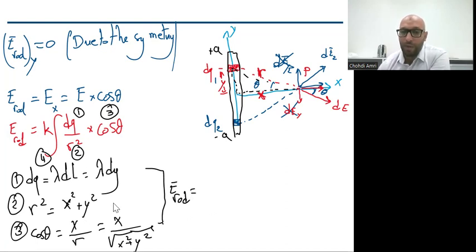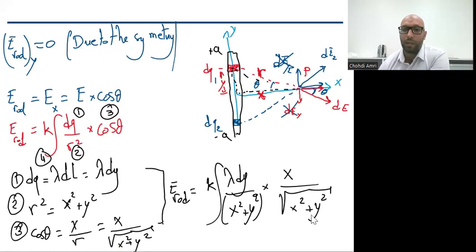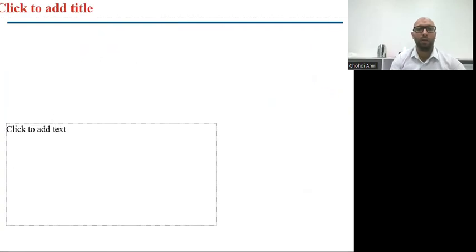The electric field produced by the rod will be k integral lambda dy over x squared plus y squared, multiplied by our cosine. The cosine is x over square root of x squared plus y squared. And we can get the following expression.